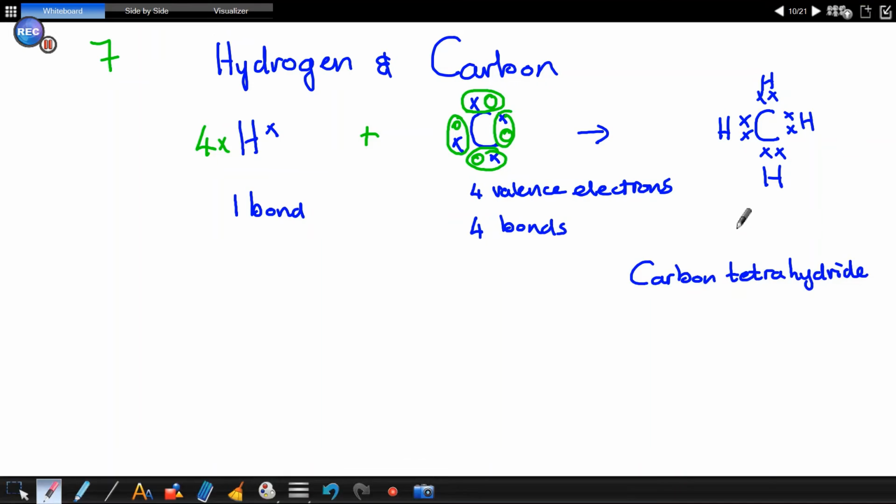Because there is 1 carbon and 4 hydrogens, the ratio is 1 to 4, and it is carbon tetrahydride. Listen carefully. It's called methane. And this is your first ever lesson in organic chemistry. Methane.